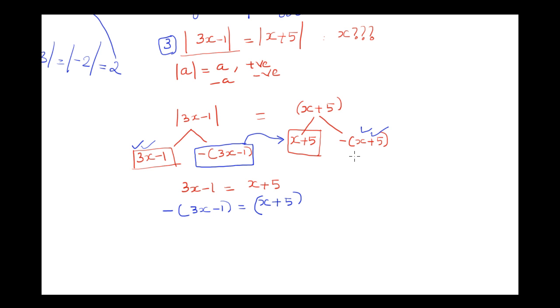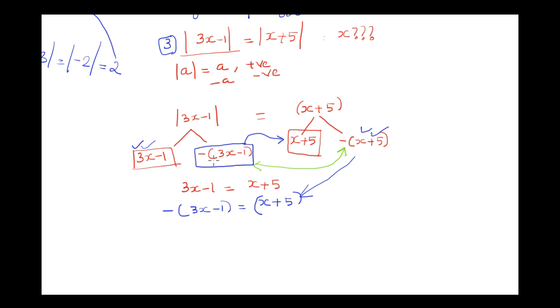The fourth possibility is minus of 3x minus 1 equal to minus of x plus 5.